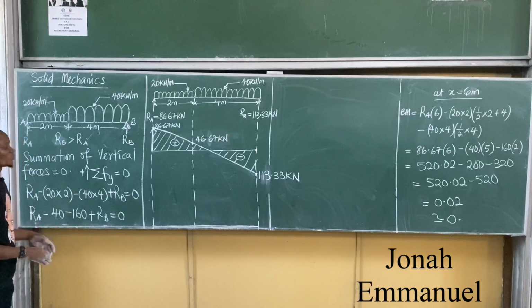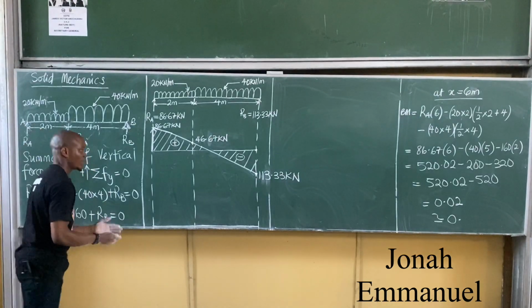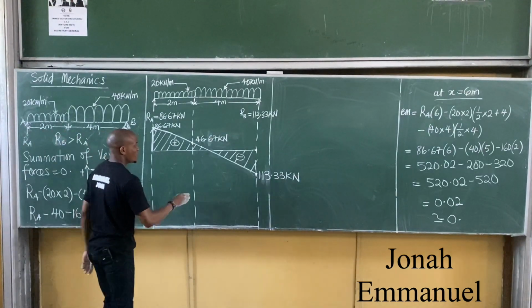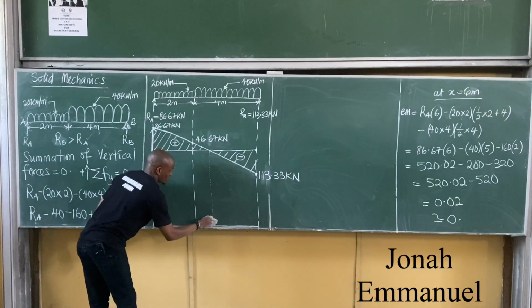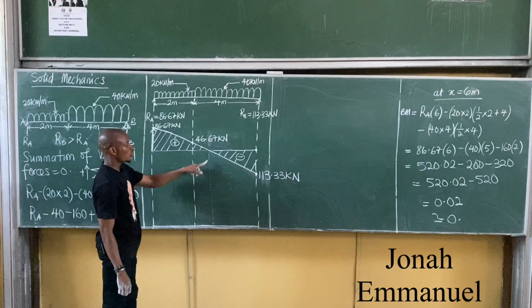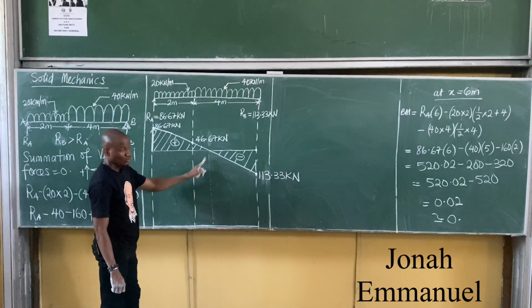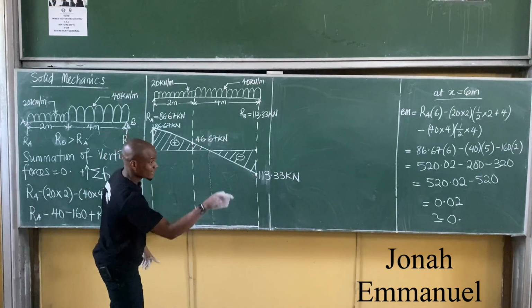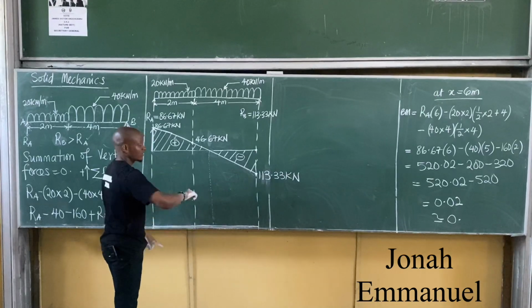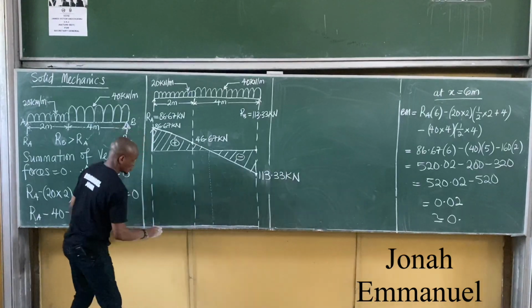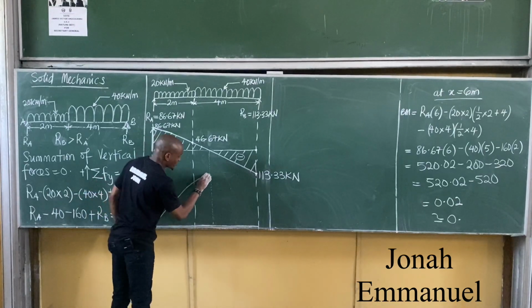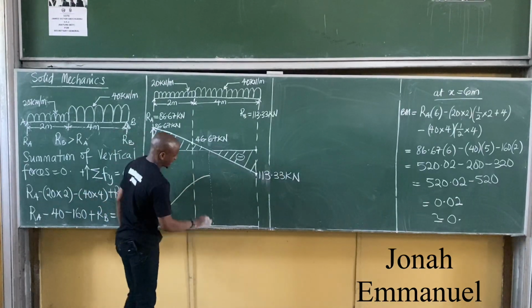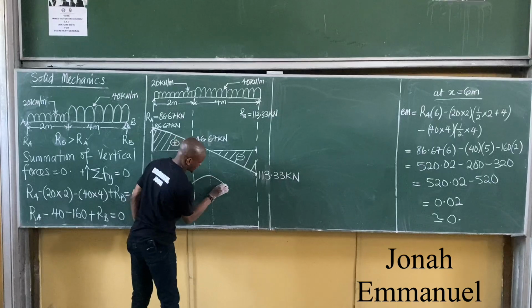Without stressing myself, the maximum bend moment will occur where the shear force is 0. So no matter how you want to curve it, at this point here should be your maximum. So I will draw something like this, something of this nature.